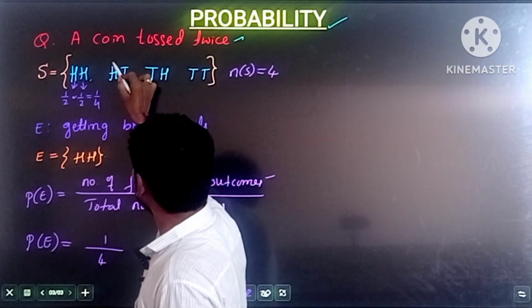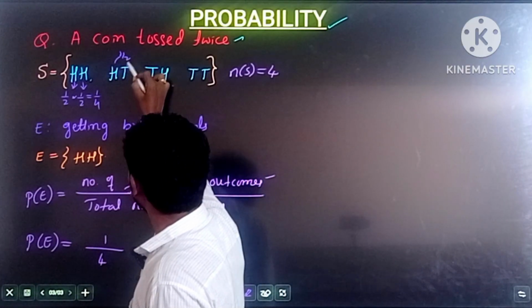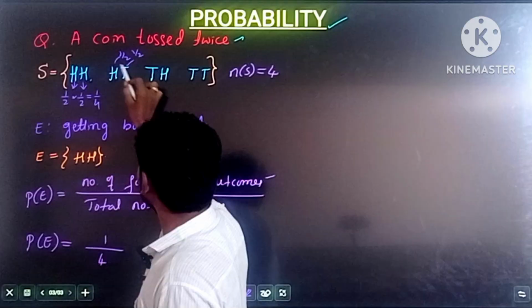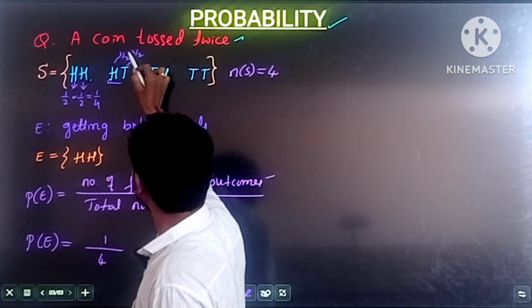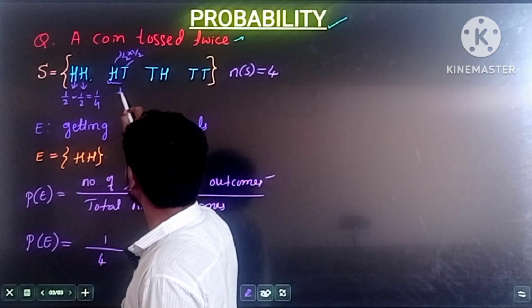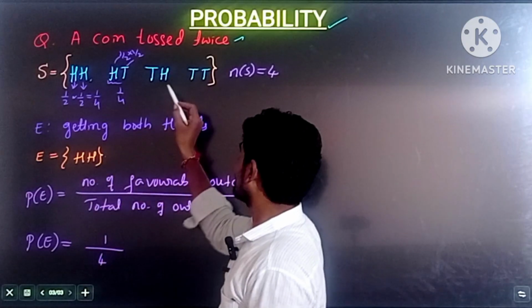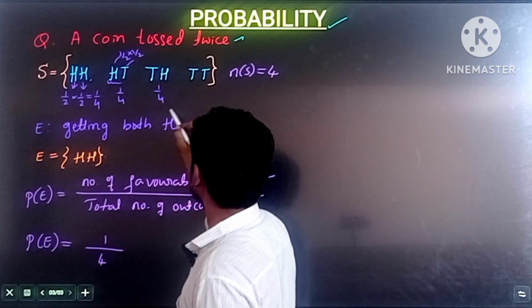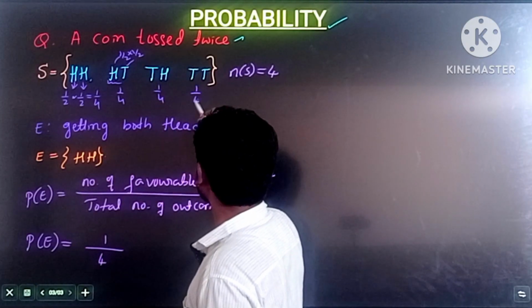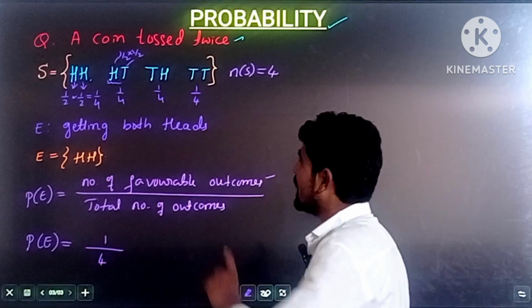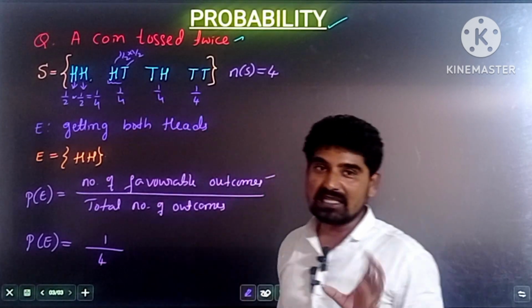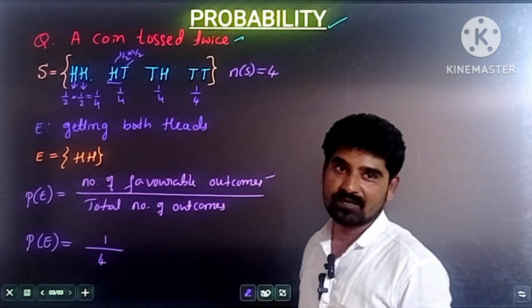Similarly, probability of getting head is 1 by 2, probability of getting tail is 1 by 2. So therefore, probability of getting HT is 1 by 2 into 1 by 2, that is 1 by 4. Similarly, probability of TH is also 1 by 4. Probability of TT is also 1 by 4. So it means probability of getting each outcome in this sample space is 1 by 4.